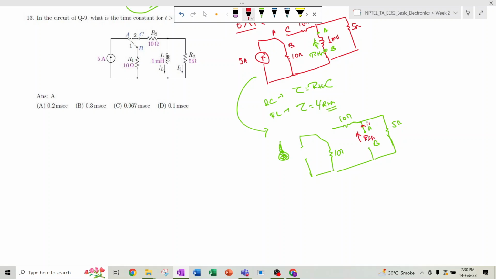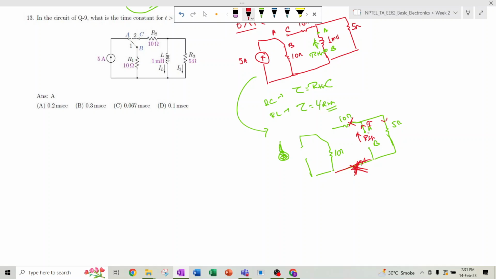Whatever current will flow from this part, no current will flow from this part because this is open, and no current will flow from this part also, because if the current moves in one direction it has to come out, but it is not possible to flow the current in one direction only and not come out. So no current will flow in this direction, so the entire current will flow from this direction.